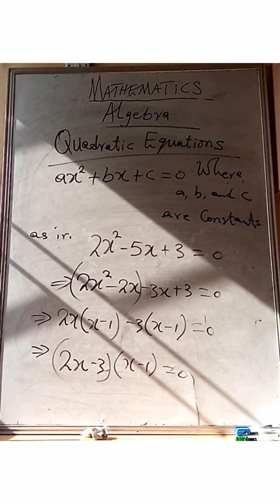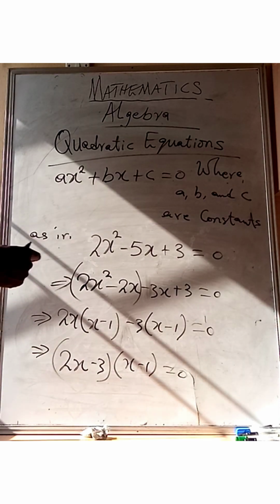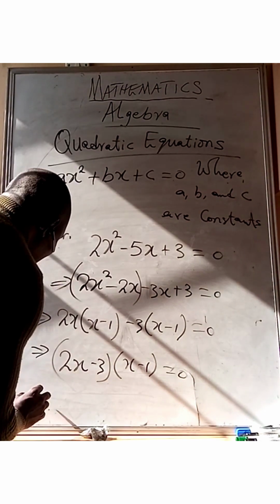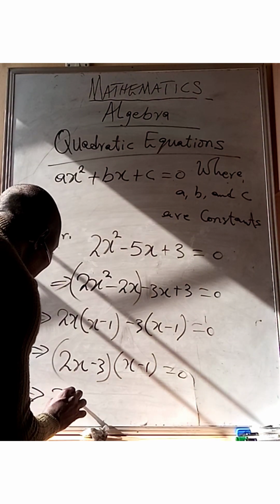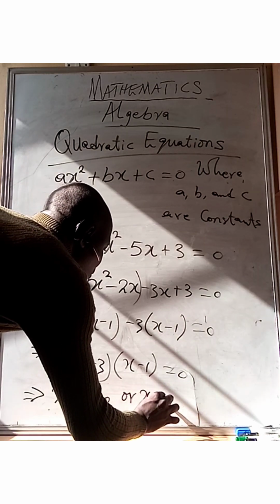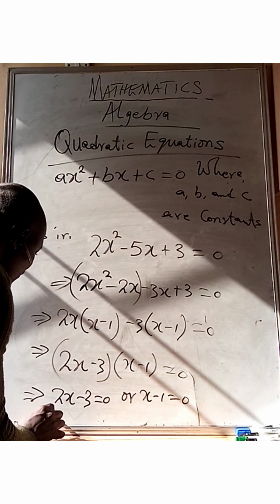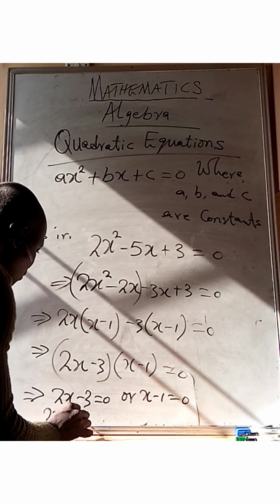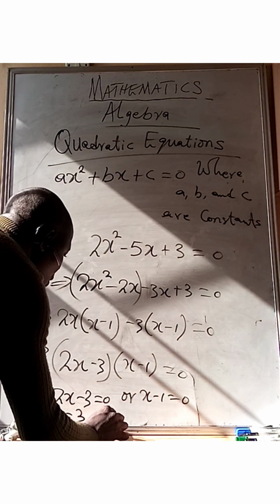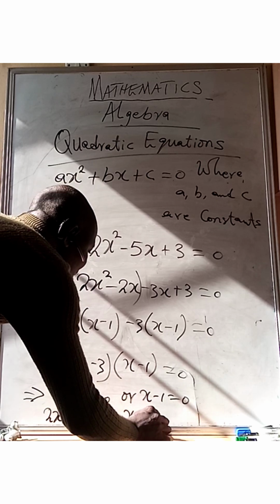Now, from our elementary school, we have been told that whenever 2 items multiply each other and the product is 0, the implication is that one of the items must be 0. So it's either 2x minus 3 is equal to 0 or x minus 1 is equal to 0. If that is the case, then 2x is equal to 3, or x is equal to, when this crosses here, 1.